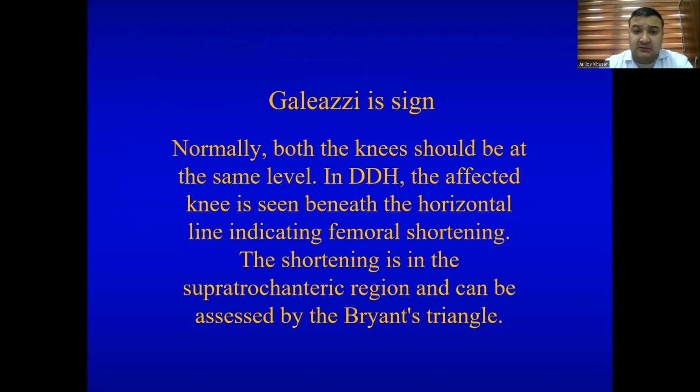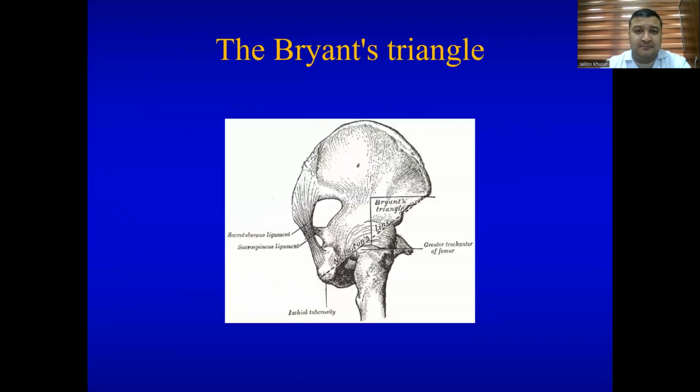Normally, both knees should be at the same level. In DDH, the affected knee is seen beneath the horizontal line, indicating femoral shortening. The shortening is in the subtrochanteric region and can be assessed by the Bryant triangle.